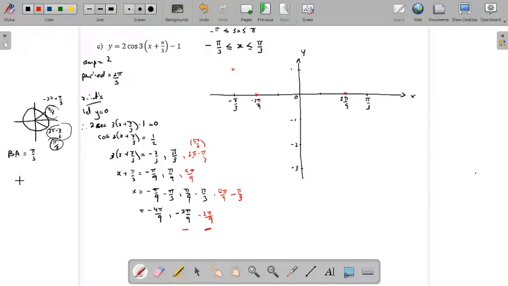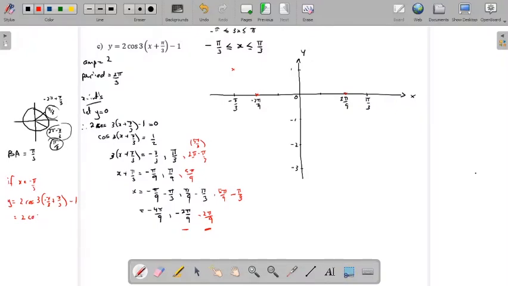How about I write that down just to confirm that, right? So we've got if x equals negative pi over 3, then y equals 2 cos 3 negative pi over 3 plus pi over 3 minus 1.